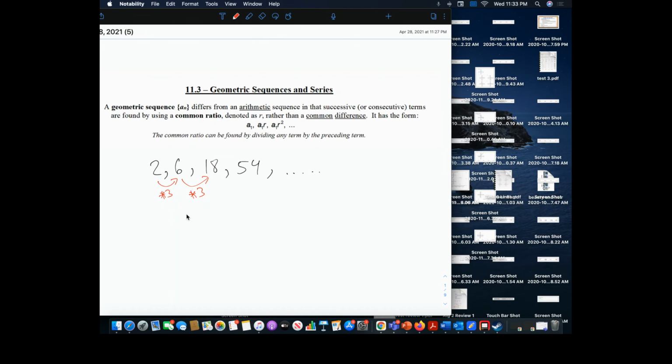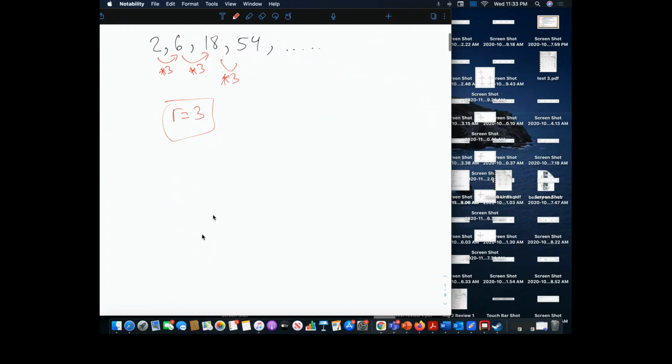And 18 to 54 is times 3 as well. So what we do is we say r is 3. Essentially, if you're multiplying to get to the next term, it's geometric. If you're adding, it's arithmetic. That's all we're saying.